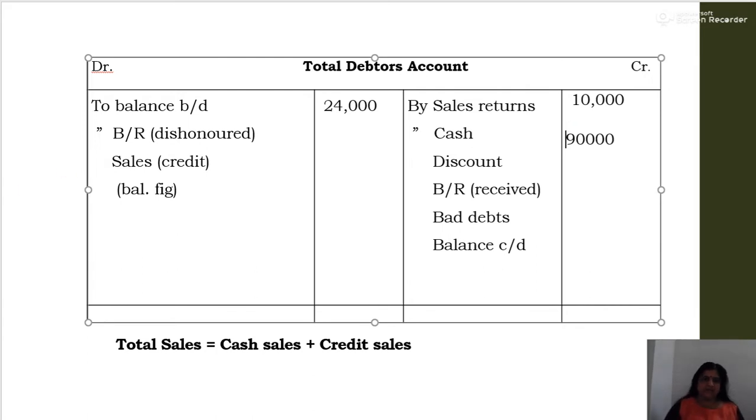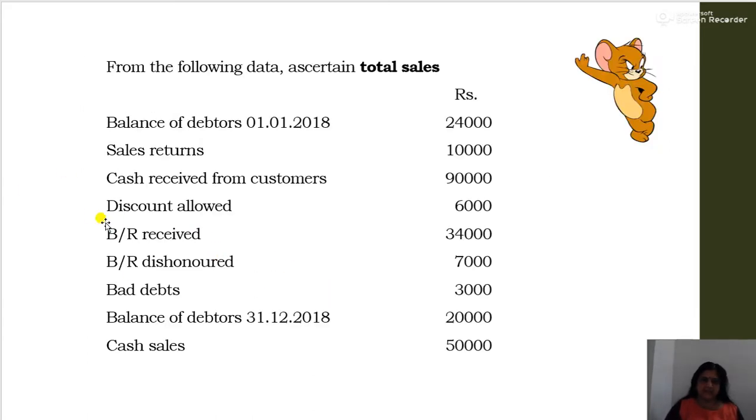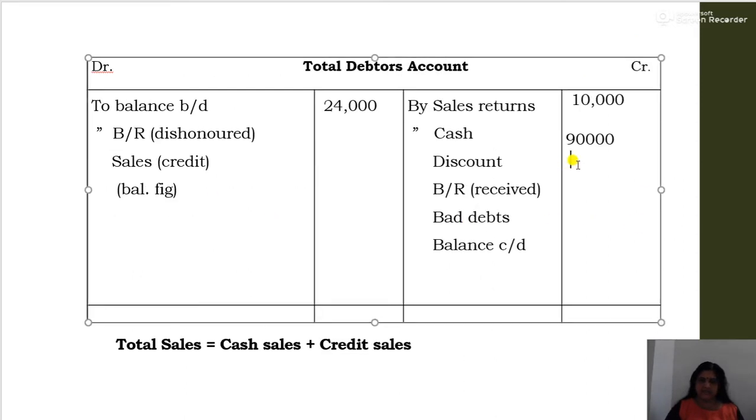Then the next is discount allowed, 6,000. So discount allowed, 6,000.